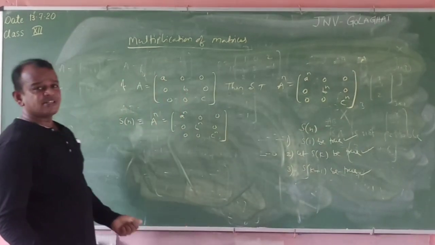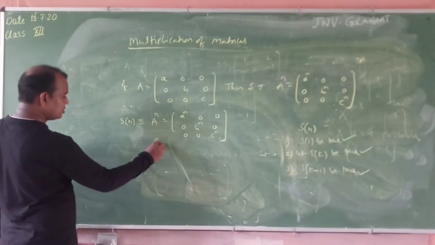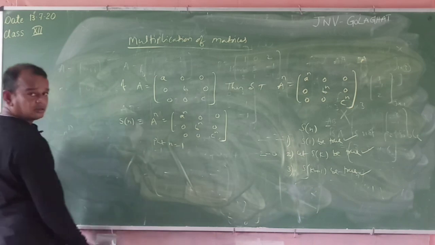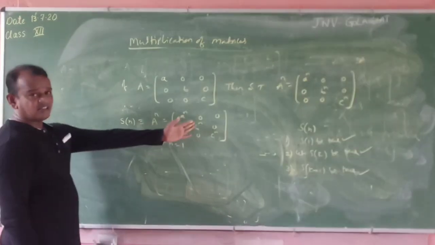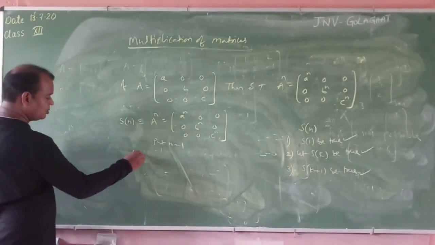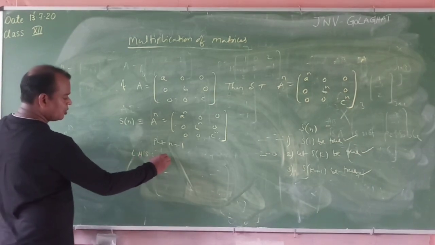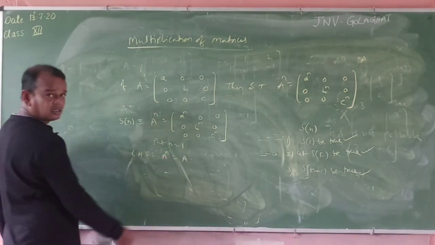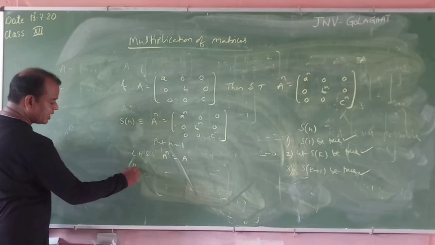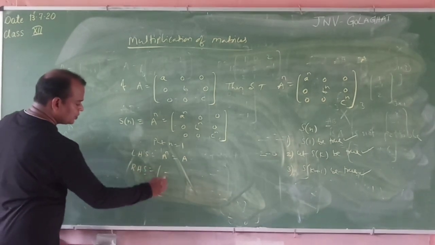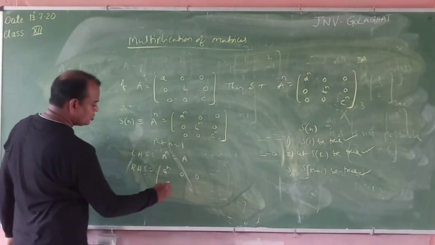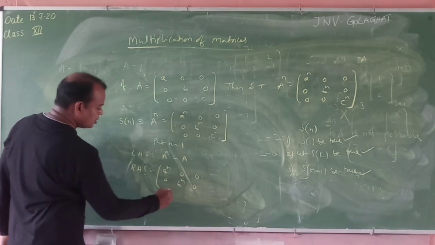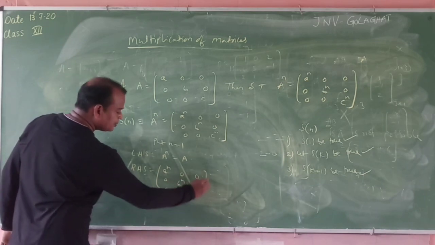Now S of 1 is true, the first step. S of 1 means put n equal to 1. This is the LHS, this is the RHS. The LHS of the problem is A power n, which is equal to A. The RHS is the diagonal matrix with A power n, B power n, C power n.